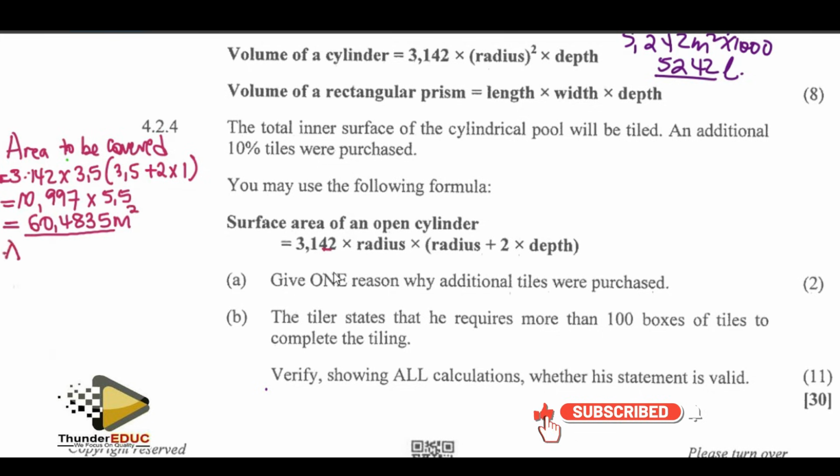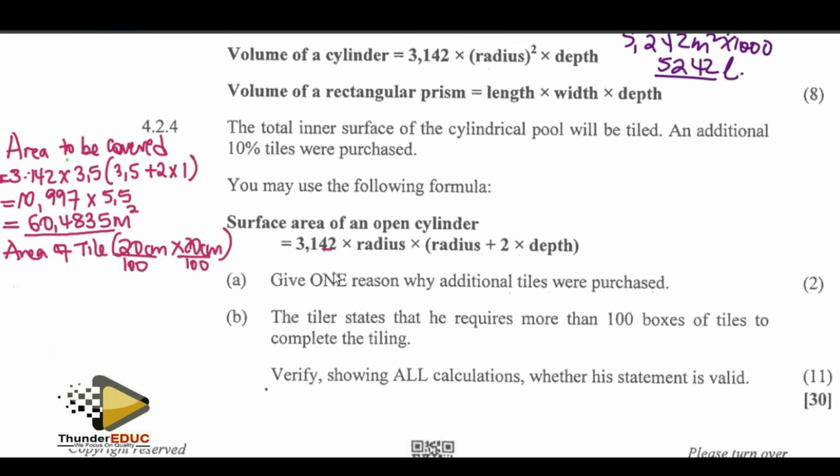Then let's look for the area of one tile. But take note, the measurements for it's 20 centimeters by 20 centimeters. They have to be in meters. So divide by 100, which is the same as 0,2 times 0,2, which is the same as 0,04. So also now this qualifies to be meter squared.